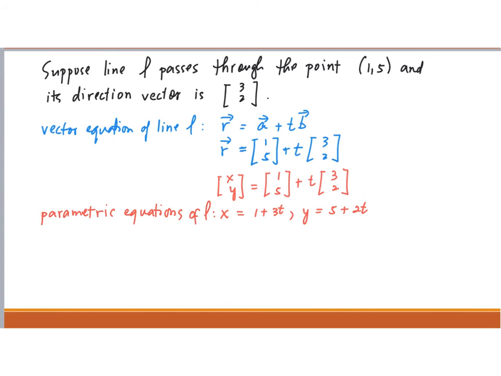And remember that t here is a scalar, and in our moving object example a while ago, t represented time. So if t is a scalar, it means that t could be any real number, t is an element of R, and it has a special name, it is called the parameter in this case.